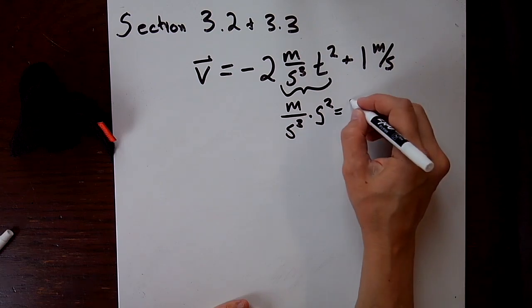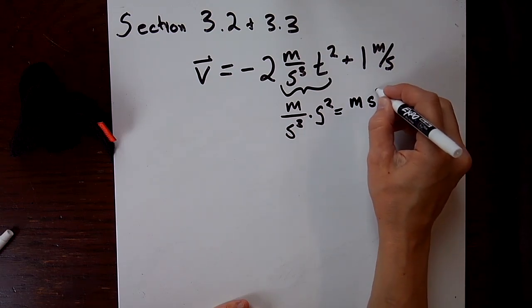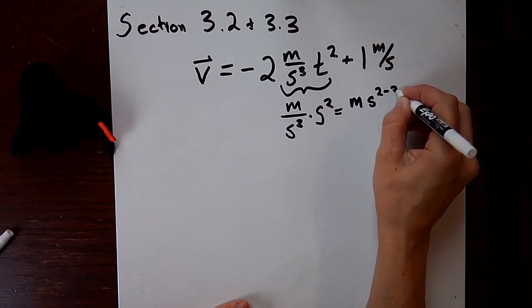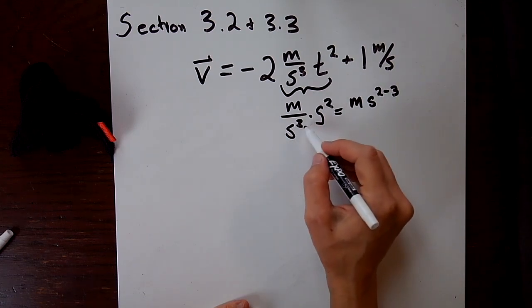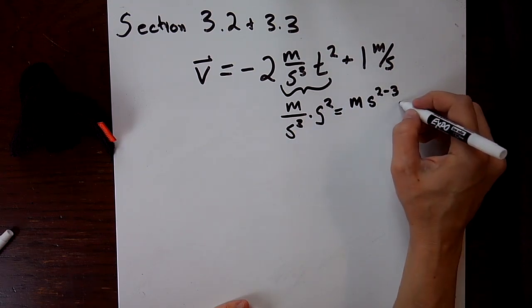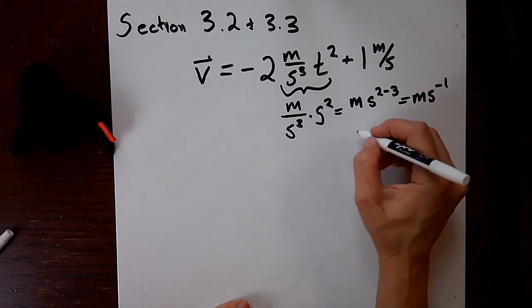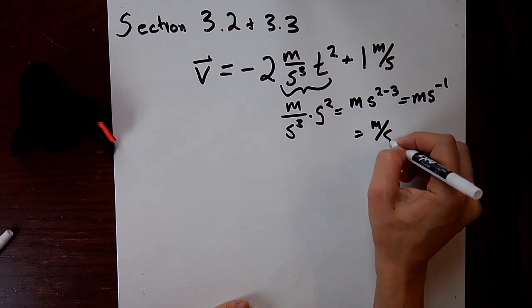So that is going to be equivalent to meters seconds to the 2 minus 3, because again, same thing, we're taking an exponential of, so we just subtract the exponents. That means we get meters seconds to the -1. That's equivalent to meters over seconds.